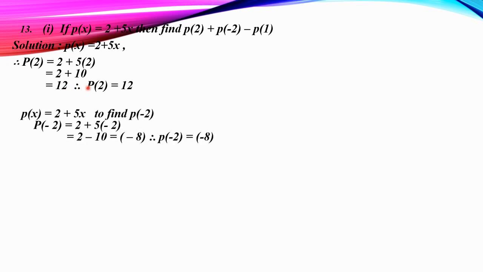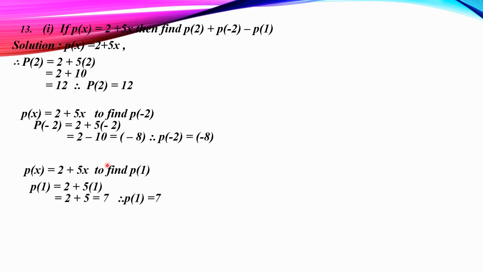We will find the next value, p(minus 2), in the given polynomial. 2 plus 5 multiplied by minus 2, we get 2 minus 10, and that is equal to minus 8. Therefore, p(minus 2) is equal to minus 8. p(1) is equal to 2 plus 5 multiplied by 1, that is 2 plus 5 equal to 7.